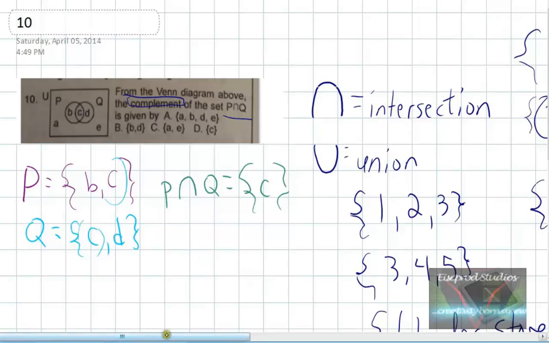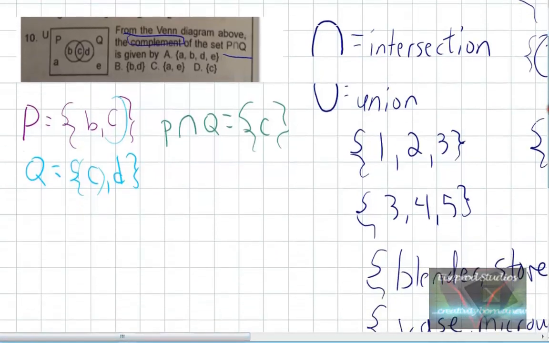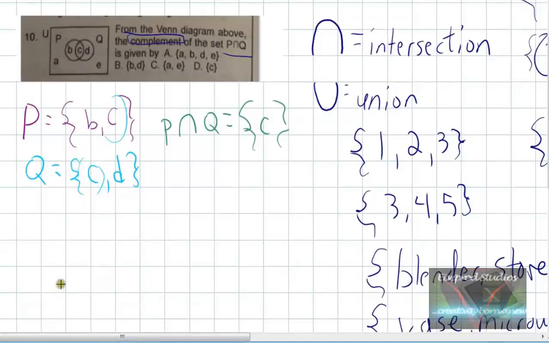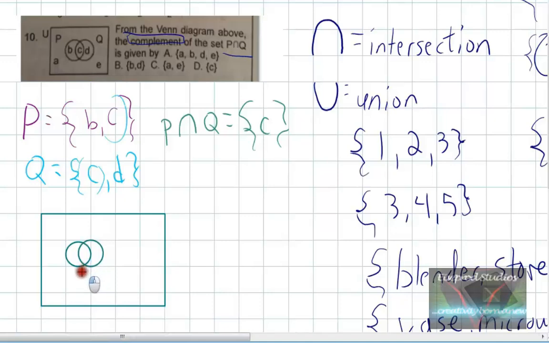we have to consider this rectangle. Okay, and it has two circles in it. I'll try again with drawing these circles. Oh, that's terrible.